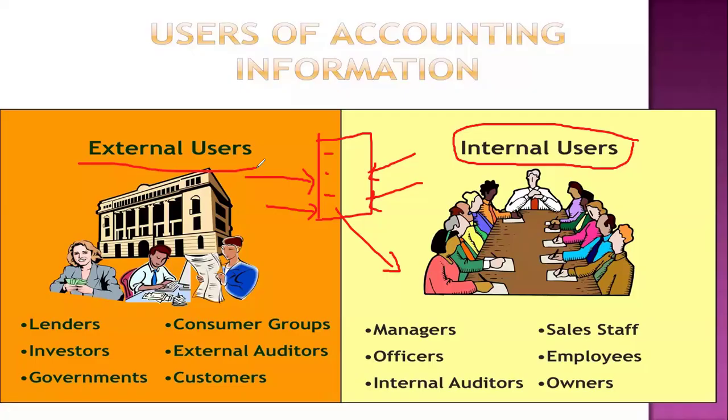When I classify based on interrelations, these two users are of major importance. If you compare investors and lenders, they are protecting their money and are basically interested in solvency and payout ratio. Whereas government, consumers, and customers are interested in the pricing strategy and pricing policy followed by that organization.